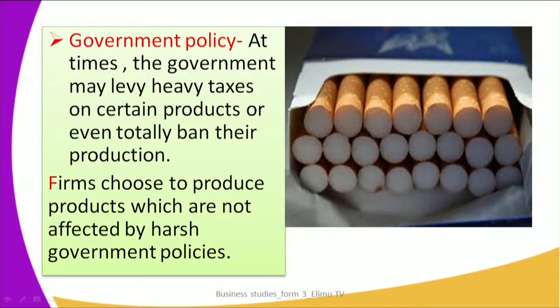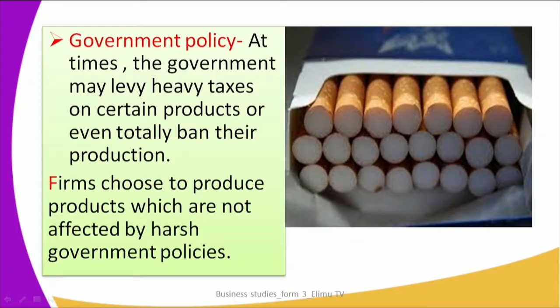It's also important to note that the government taxes some products heavily as a way of discouraging consumers from consuming them because of the effects they have on people's health.